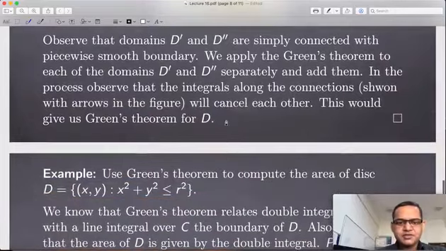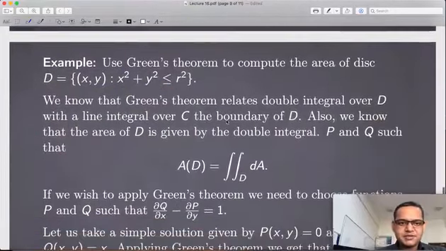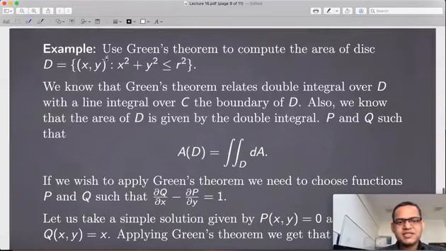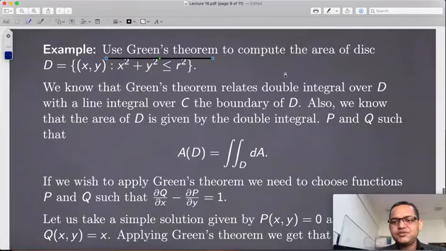So let us talk about some examples. You can think of it as an example or a theorem. Green's theorem can be used to compute the areas of domains in R2.